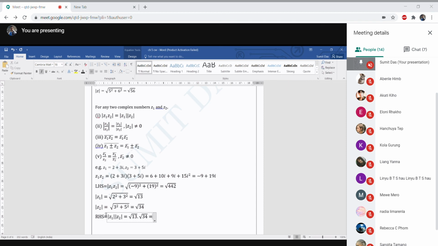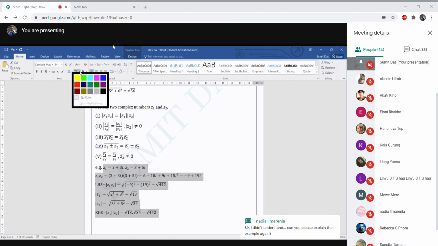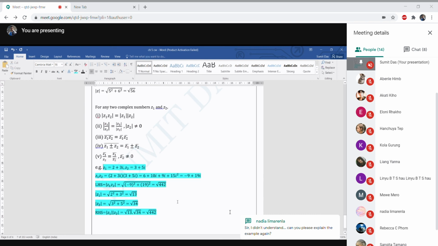If you multiply this thing, I think we will get the value 13 into 34. Yeah, we will get the same value we got previously, 442. So this is the example.